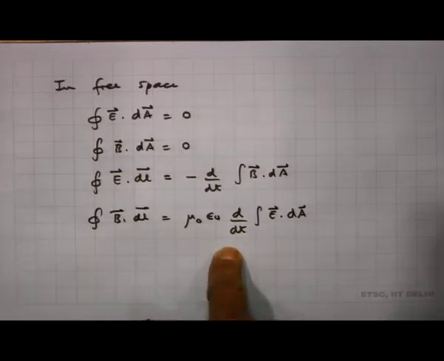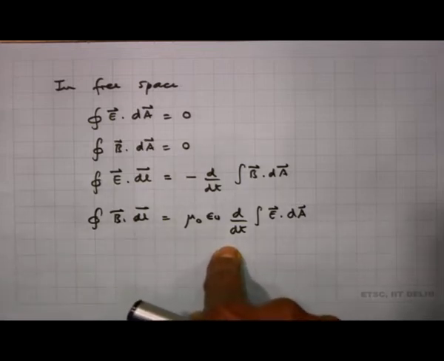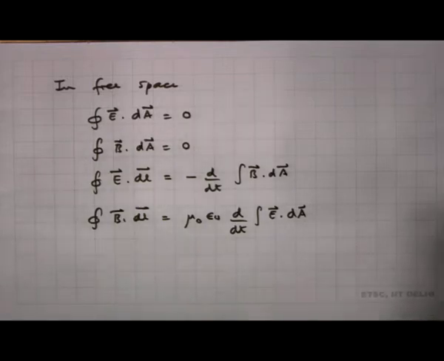and he found that those waves, which are waves of electric and magnetic fields, have a certain velocity, approximately 3 into 10 to the power 8 meter per second. This velocity which he calculated was so close to the measured velocity of light at that time that he boldly suggested that light waves are electromagnetic waves.